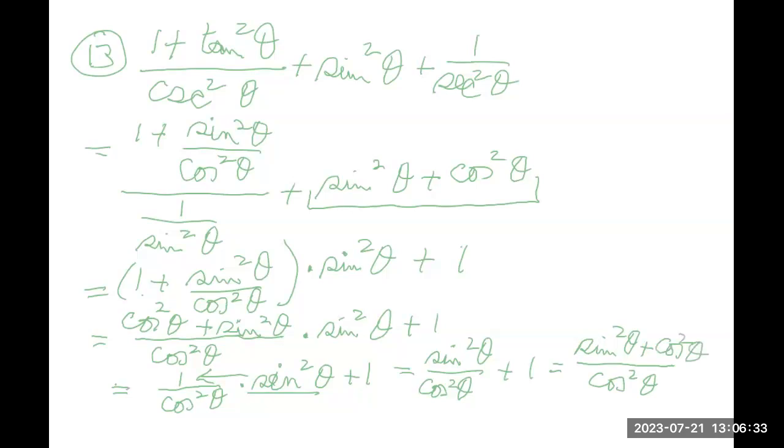And then once again, the numerator is simply 1, sine squared theta plus cosine squared theta, over cosine squared theta. So this becomes 1 over cosine squared theta, which is secant squared theta. So that's what this long, complicated expression basically simplifies to: a secant squared theta.